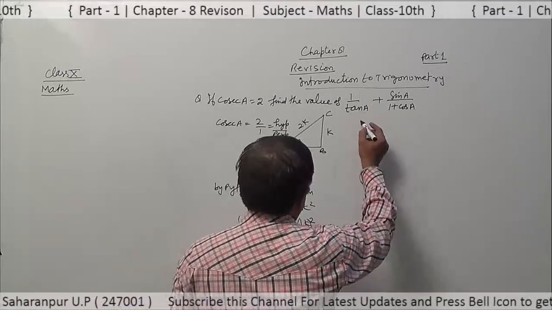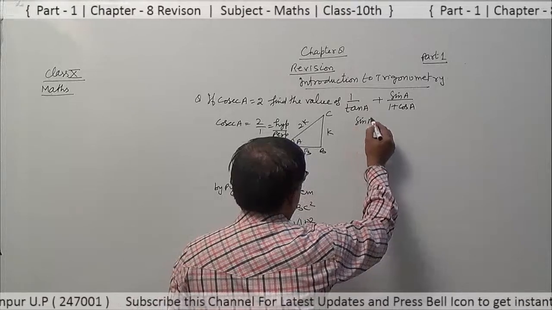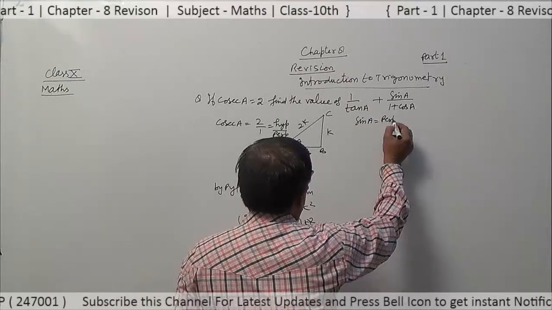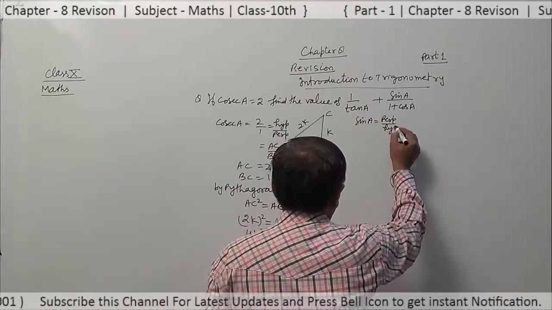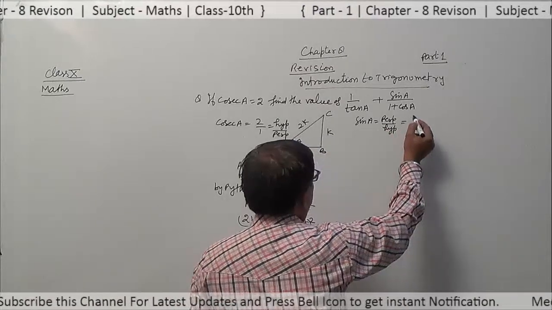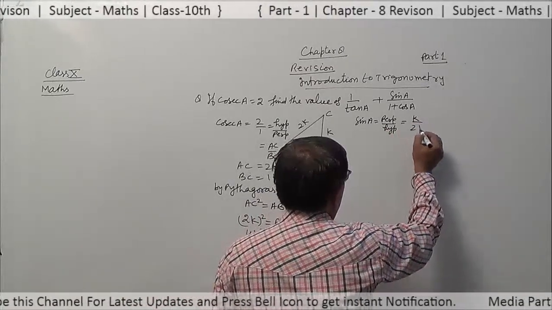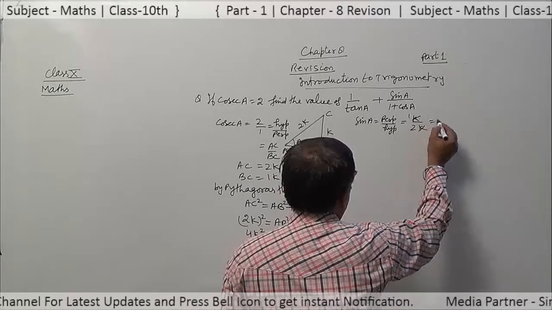Here sin A, that is perpendicular upon hypotenuse, that is K upon 2K, 1 upon 2.